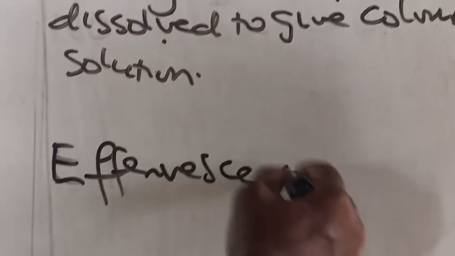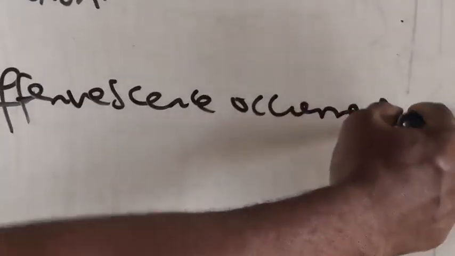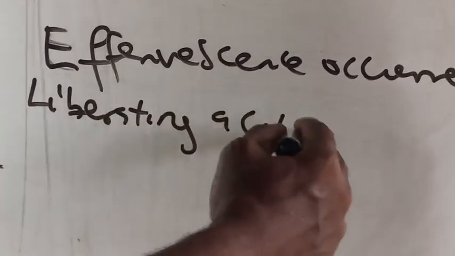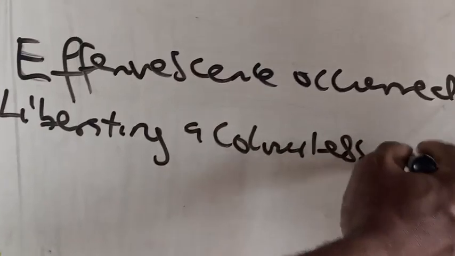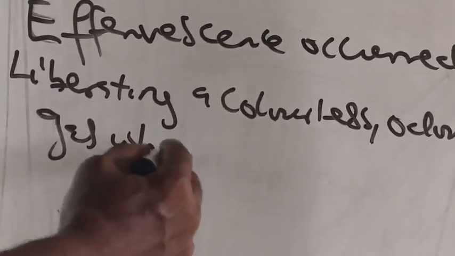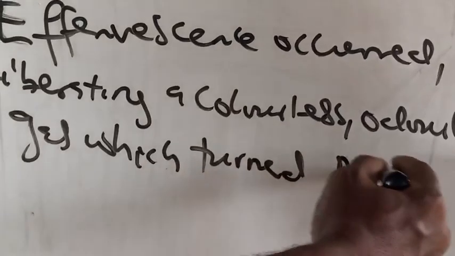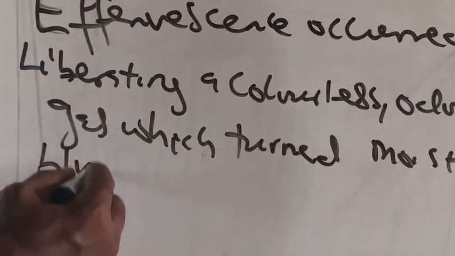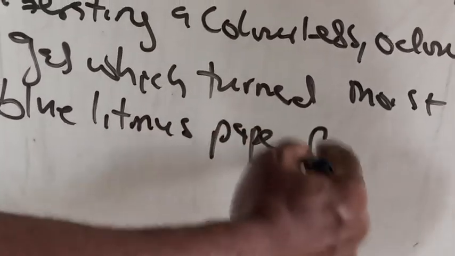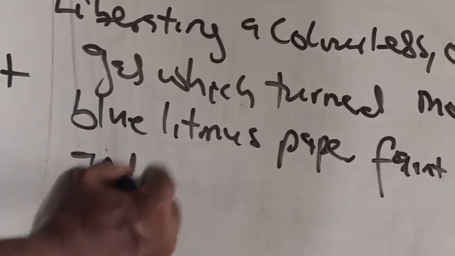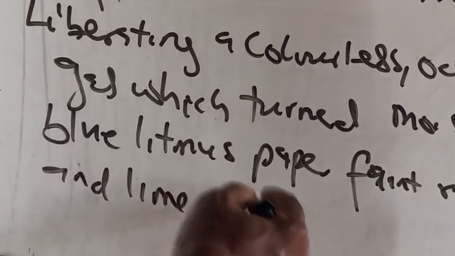Effervescence occurred, liberating a colorless, odorless gas which turned moist blue litmus paper faint red and lime water milky.